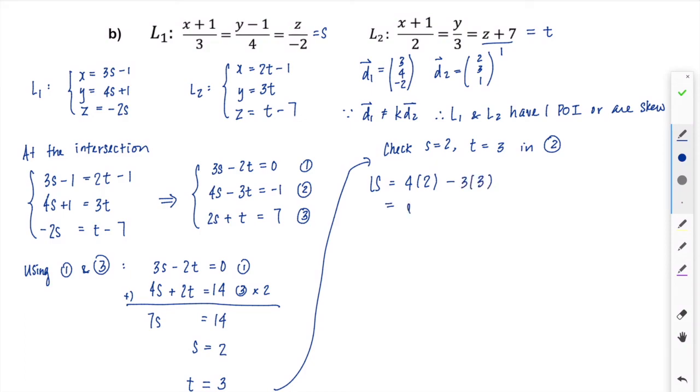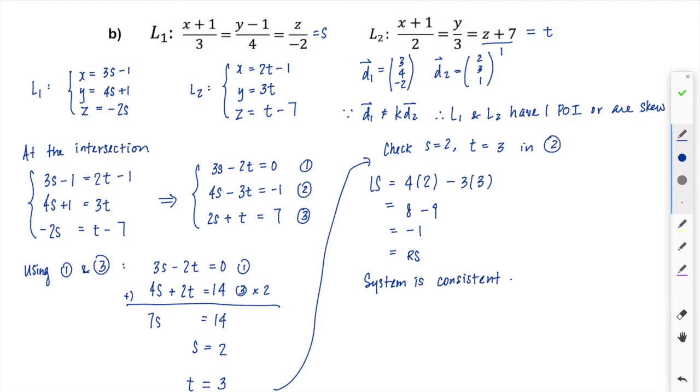This is 8 minus 9, negative 1, which is equal to the right side. This is good news because this is different from what we found. This means that the system is consistent. What does this mean? We have to do more work because now if we have a consistent system, we need to find the point of intersection.